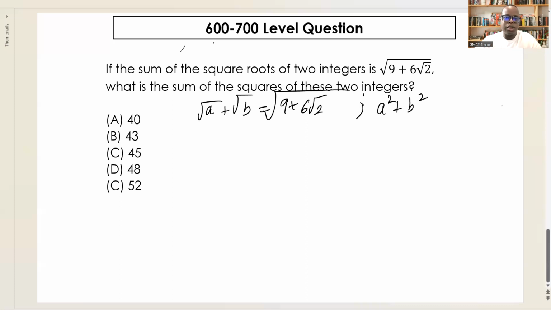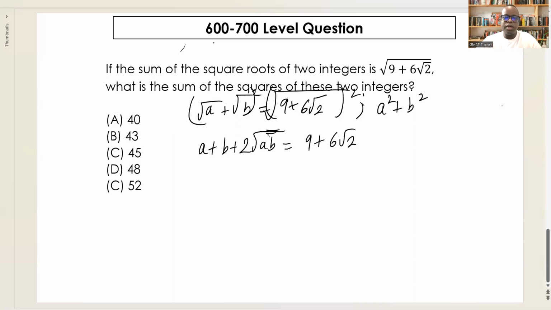Root a squared is a, plus root b squared is b, plus 2 root a root b, which is 2 root ab. Then this will be equal to 9 plus 6 root 2, because the square root sign will also go.